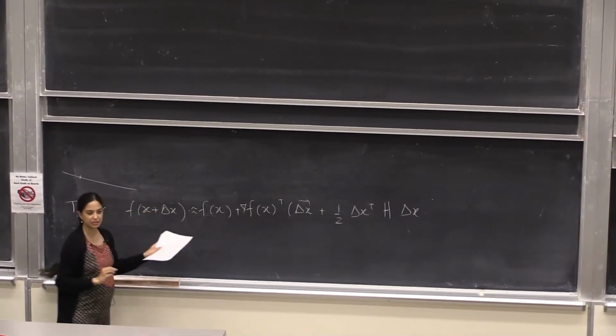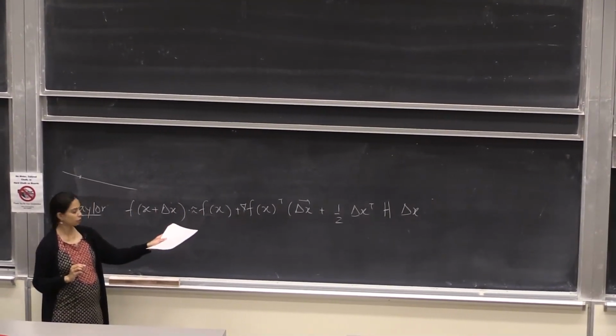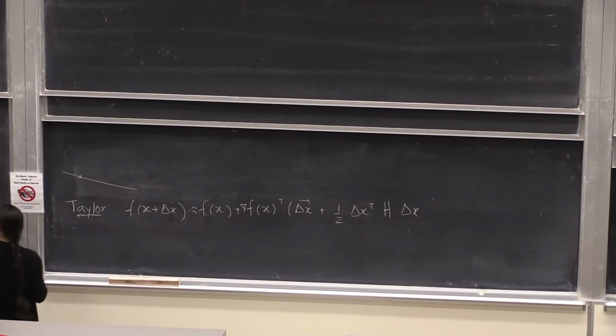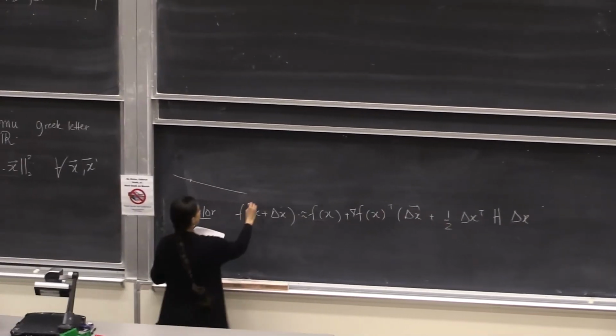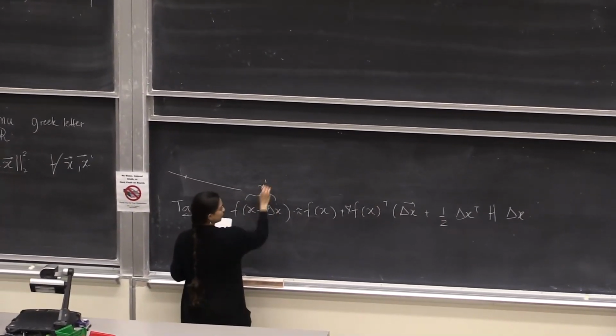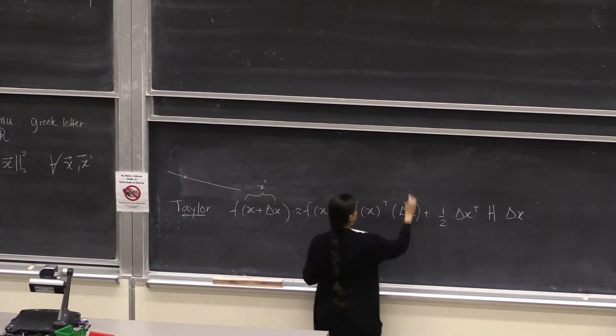Right, this is what Taylor says. So you see here that the first two terms are identical, right? So now think of this as x prime. Then this thing is x prime minus x.